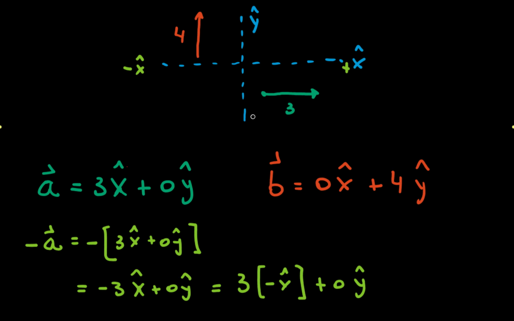If you have positive y on the top, you have a minus y opposite to it. And now all of a sudden it makes sense. 3 in the minus x direction means a length of 3 in the opposite direction in which x runs, and this arrow here is what we call minus A, while this is just the arrow A.